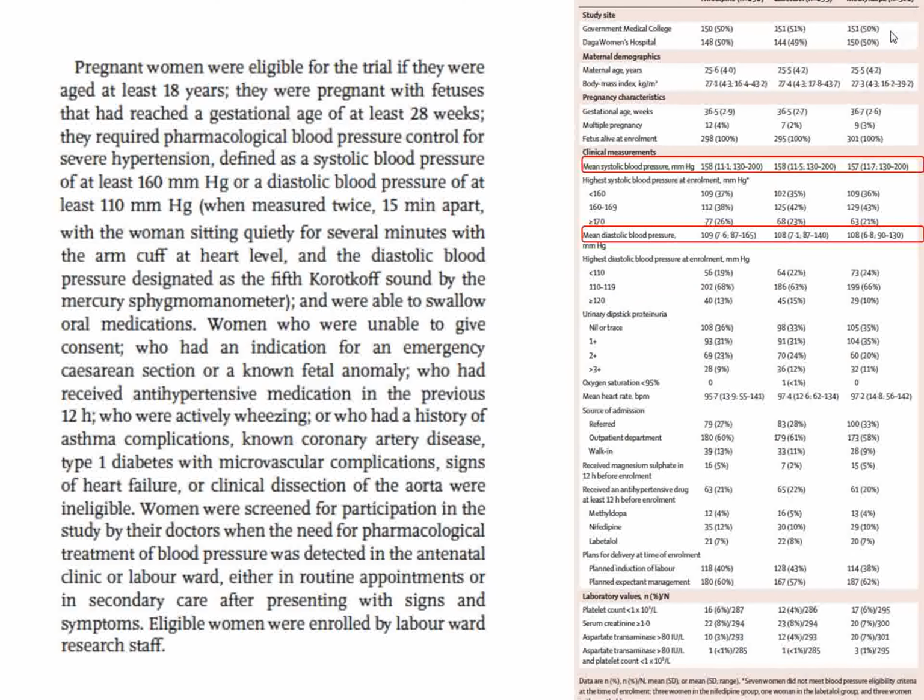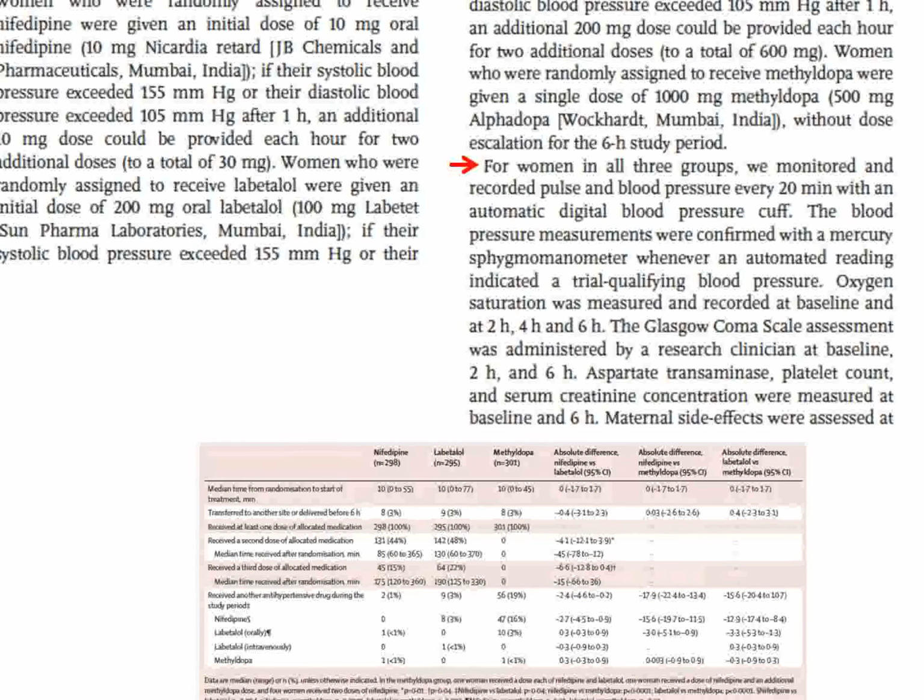So this is the largest randomized controlled trial of treating hypertension in pregnancy to my knowledge. I gave some information that was present in the methods of this study: how these women were recruited, and how blood pressure was measured, and also how blood pressure was measured when they came in for delivery, where the measurements were indeed performed in an adequate, consistent fashion in all 3 groups.